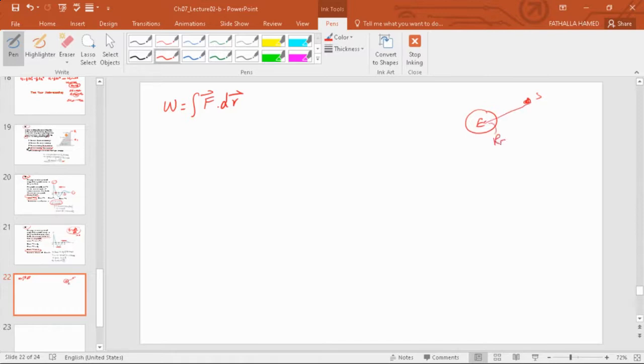So this is R_E, and of course you add h here. Let's call this r, where r should equal R_E plus h, but we'll use r for it. We said that F should equal G times the mass of the Earth times the mass of the object, divided by r squared. So if you want to calculate the work now, it should be the integral of G times the mass of the Earth times the mass of the object over r squared dr.